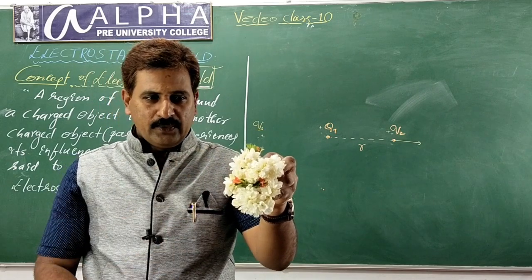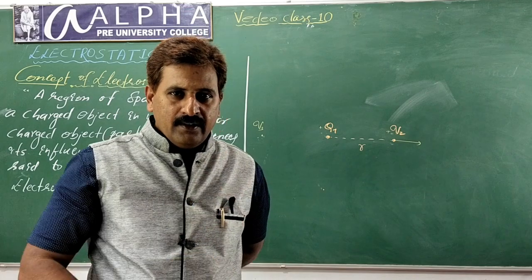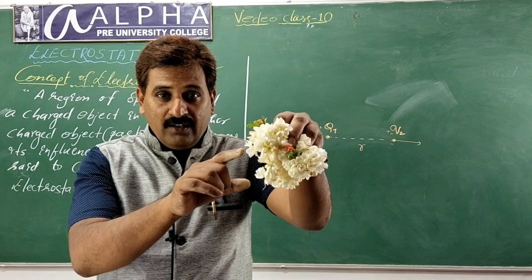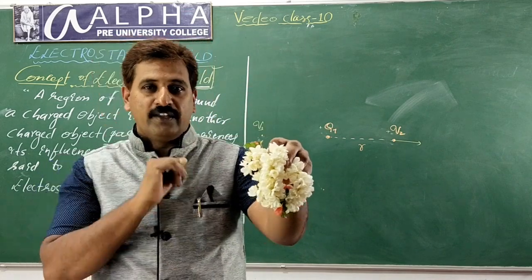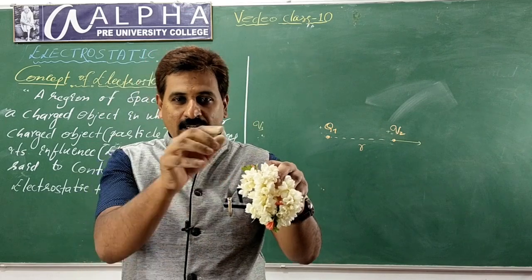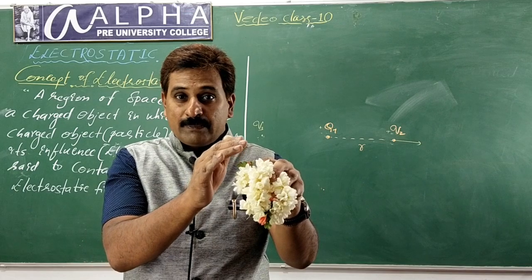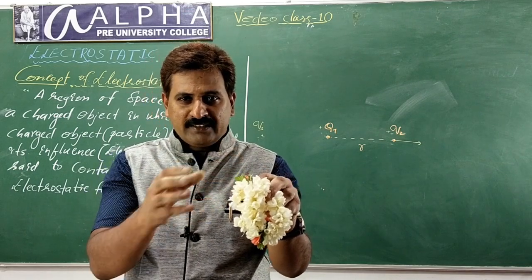How is smell produced? See, now there is no smell in this region here. Now, if I bring the flower here, that flower influences the region. How does it influence? What happens actually is, from the petals, the fragrance producing molecules come out. You will learn about all that in biology and some other subjects in detail.